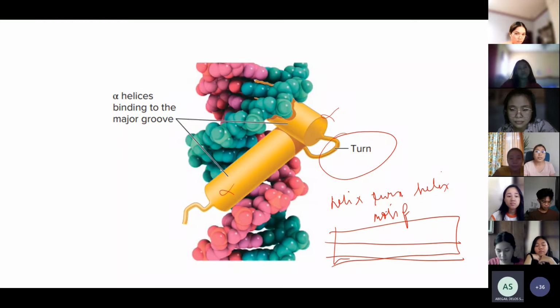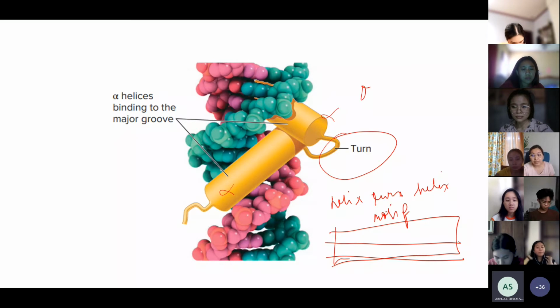So how do we identify the promoter again? When the holoenzyme encounters the promoter, specifically the sigma factor would recognize the -35 to -10 sequence.